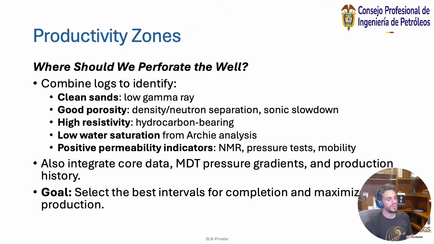So what this means inherently is that you're acquiring all the data and you're finally drawing a conclusion on where you should perforate and where you should start producing from your well.